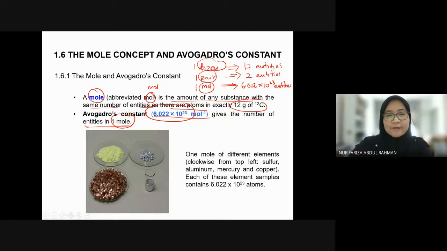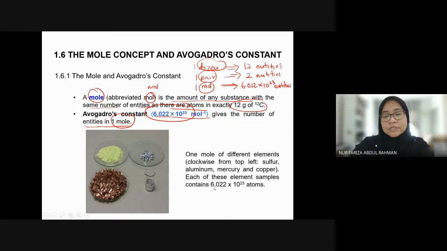So this is an example of 1 mole of substances. We have sulfur here, and then this is aluminium, this is copper, and this is mercury. All of these are 1 mole. All of these have what we call entities, or we call it atoms lah, because all of these are elements, so they exist in a form of atomic element.